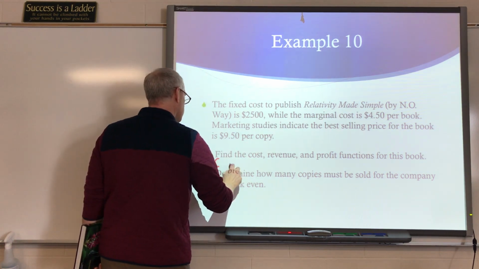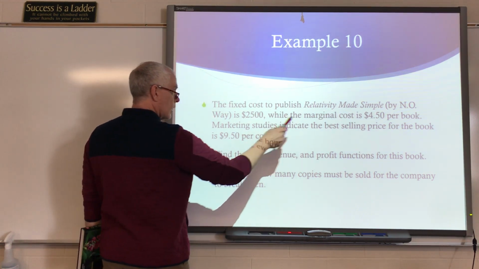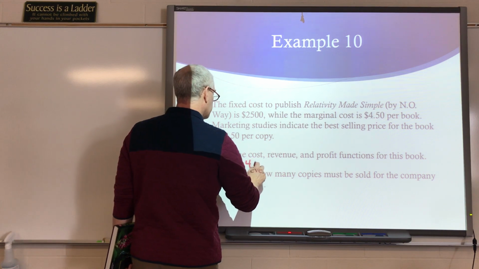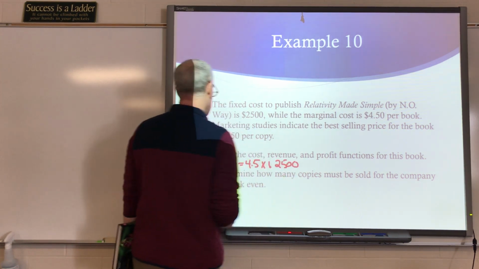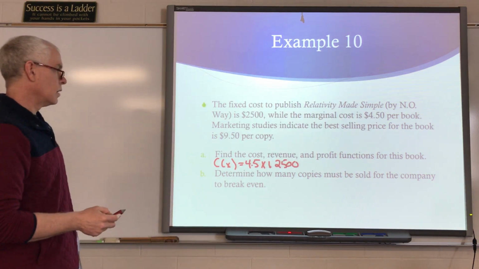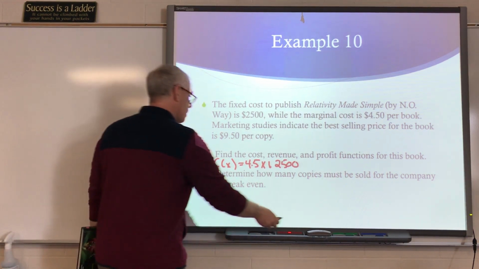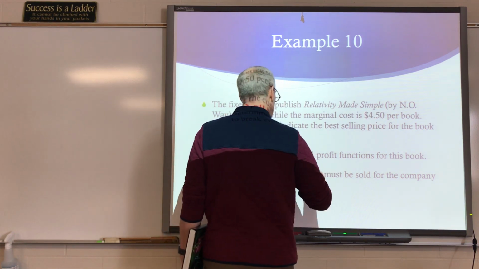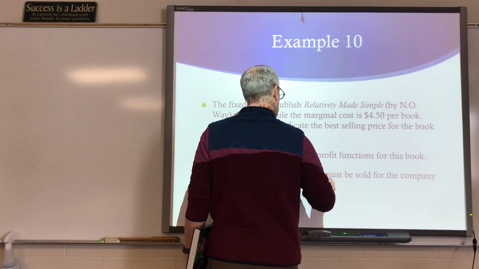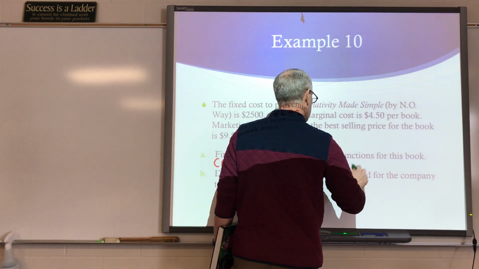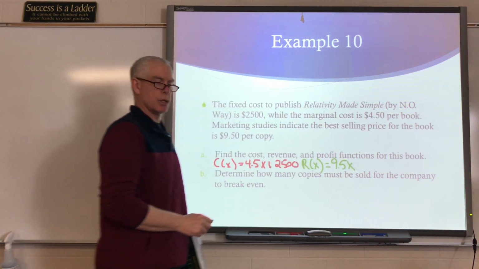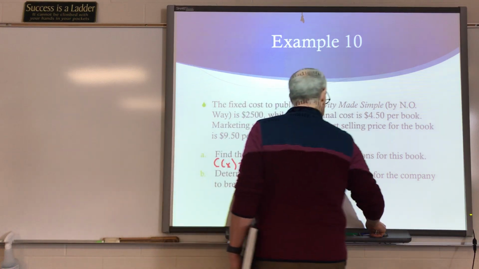So cost, okay, it's $4.50 per book plus $2,500 fixed costs. Okay. The revenue function, we're selling them for $9.50 per copy, so that's 9.5x. Pretty straightforward.